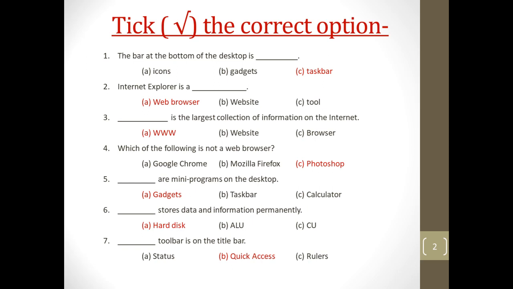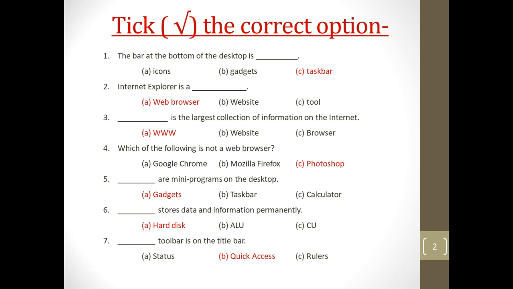Fourth one is which of the following is not a web browser? Three options are given: Google Chrome, Mozilla Firefox, and Photoshop. And the correct answer is Photoshop, because Mozilla Firefox and Google Chrome are web browsers.